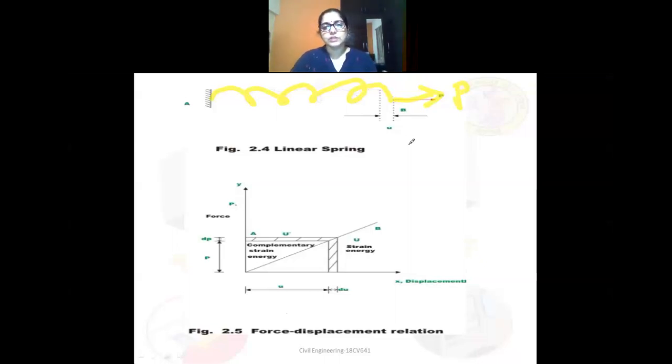The internal body will oppose the movement, and some work is done. What work is done, you can find out with the help of the force displacement relationship.